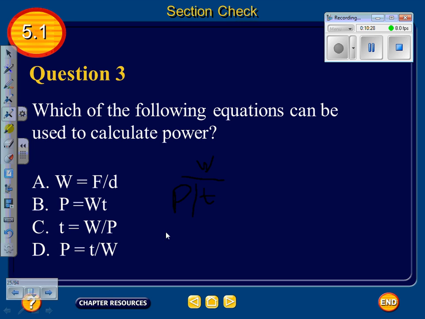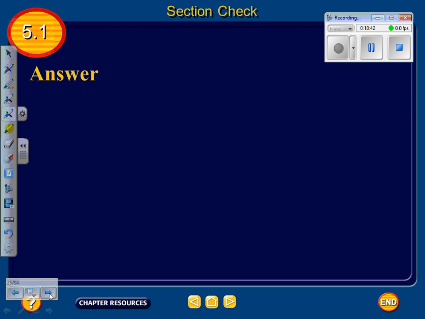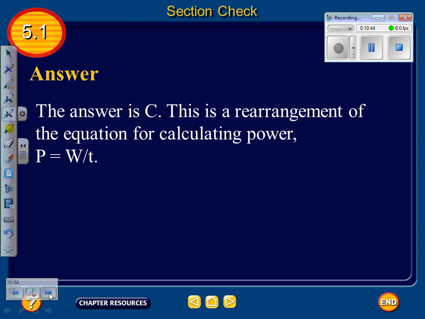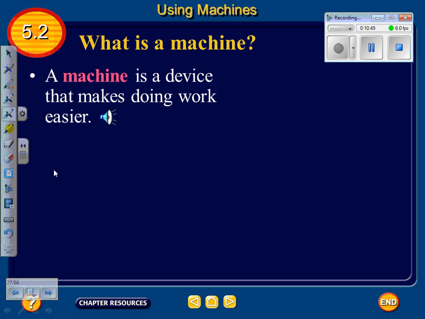So if you look at letter C, time equals work divided by power, so answer C is the correct answer. Power equals work divided by time. And like I said, this concludes the read for section 1 of chapter 5.